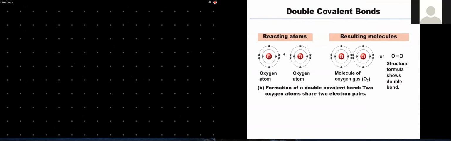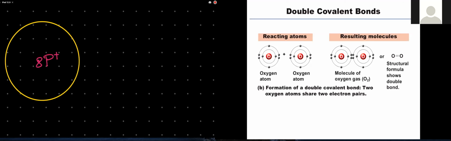If I'm looking at something like the oxygen, oxygen will have 8 protons in its nucleus. And it's going to have 8 electrons.